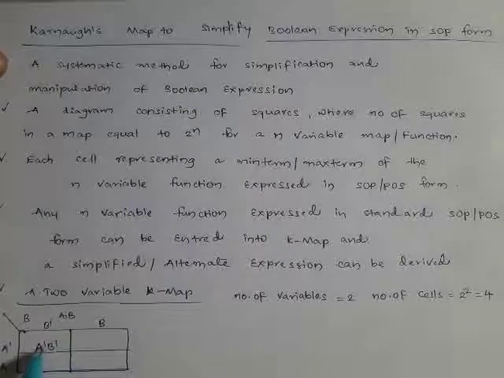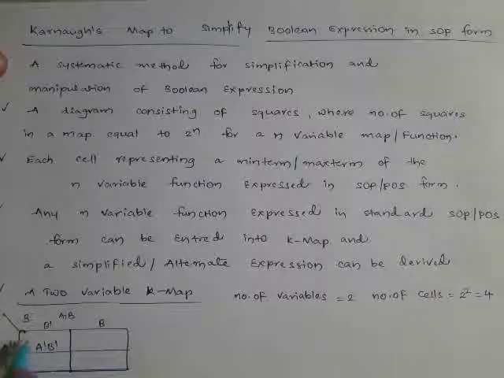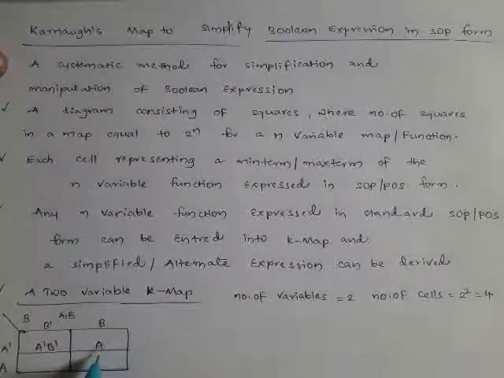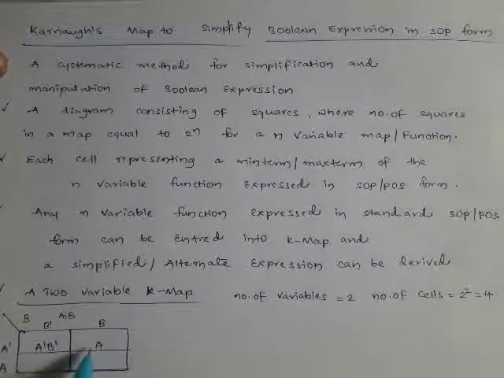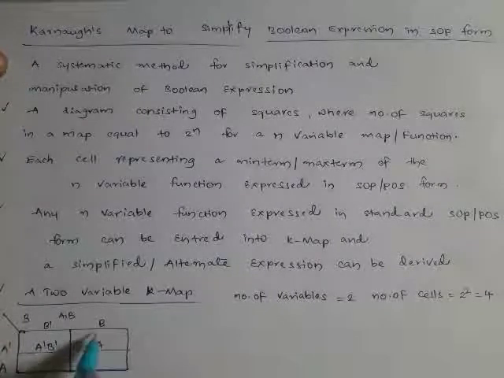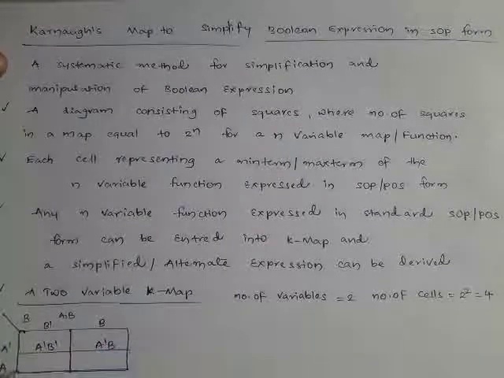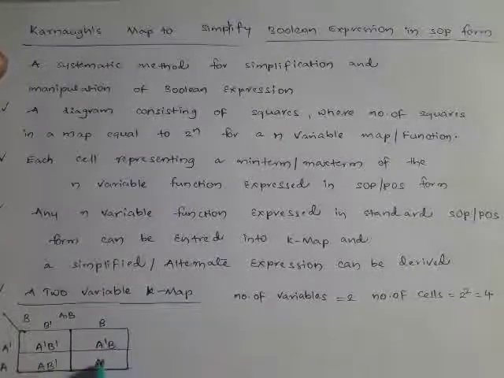It is a bar dot b bar, so it's a standard product. The variables are combined by using the AND operation. Similarly, the other cells represent a bar b, a b bar, and a b.